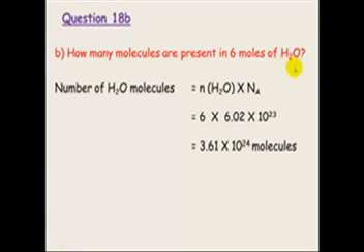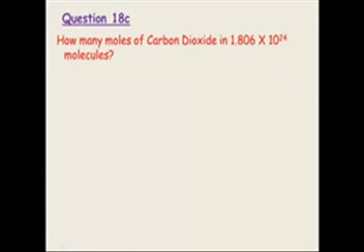Let's have a look at 18C. How many moles of carbon dioxide in 1.806 by 10 to the 24th molecules of carbon dioxide? Remember, 1 mole of carbon dioxide contains 6.02 by 10 to the 23rd molecules of carbon dioxide.